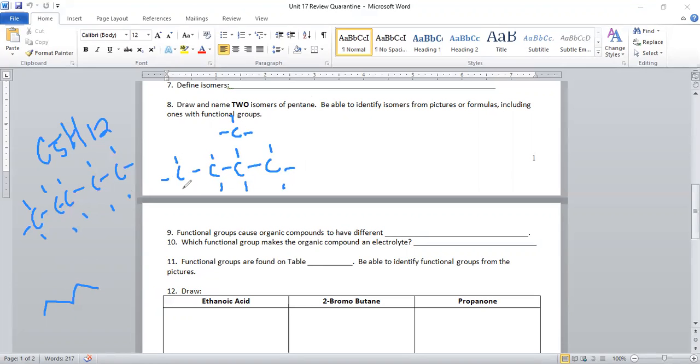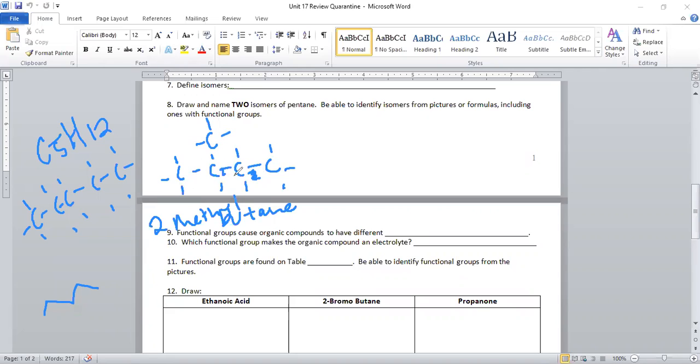Okay, this one would be named butane. This is the methyl group, and it's off the second carbon. So 2-methylbutane. On the next one, you might think that you could put the methyl group here and have it change, but remember you start counting on the side closest to the branch.